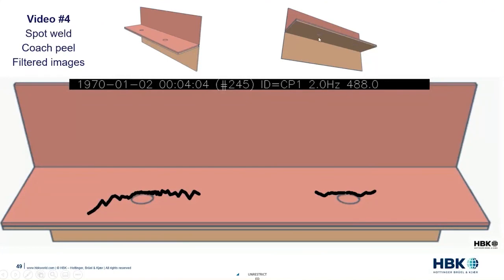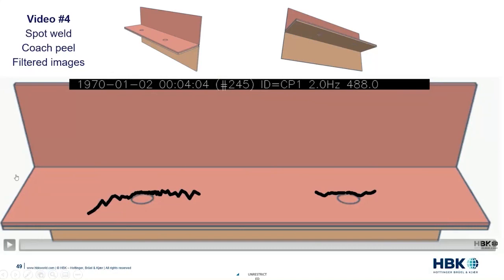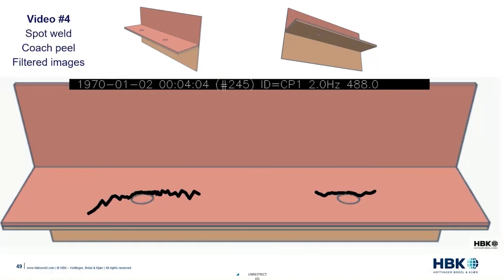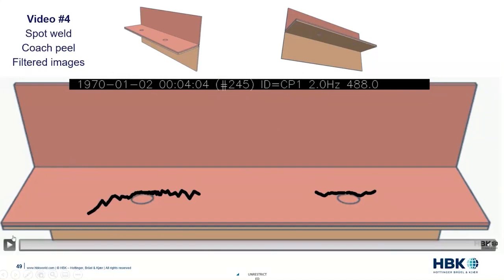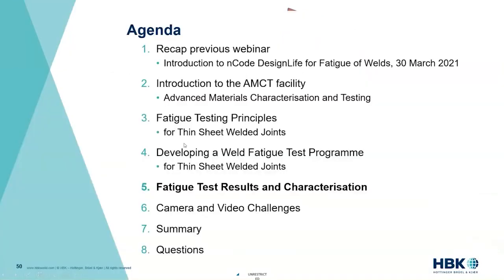It could be growing from the bottom surface. What direction does it grow? I can't show you the real specimens, so I can show you simulated images and videos. So now let's look at a little bit of the test results and characterization for that.